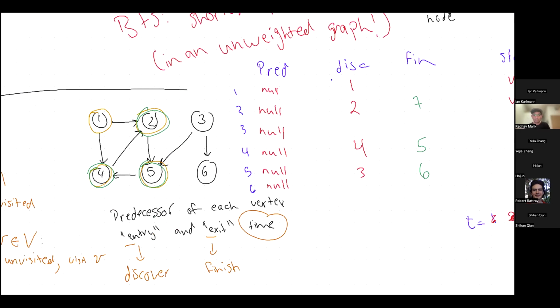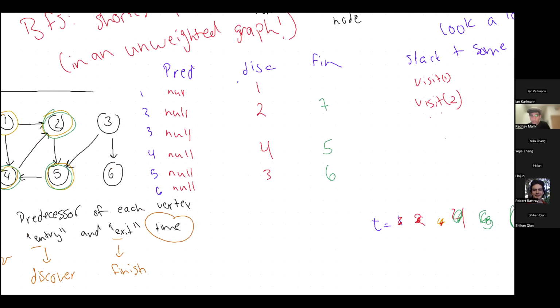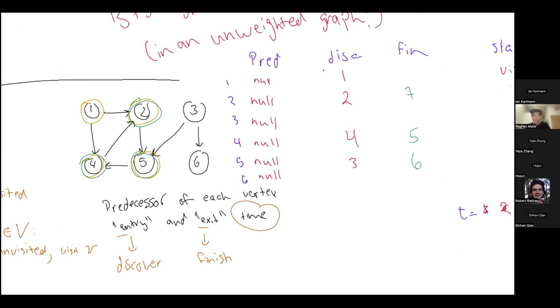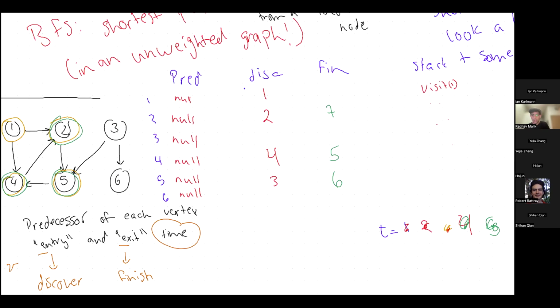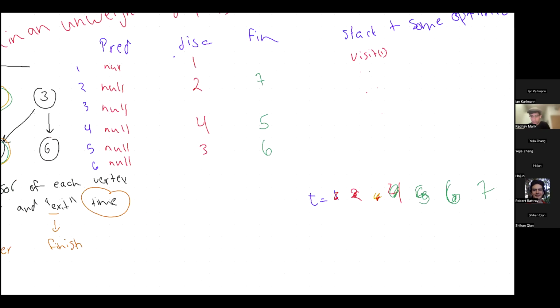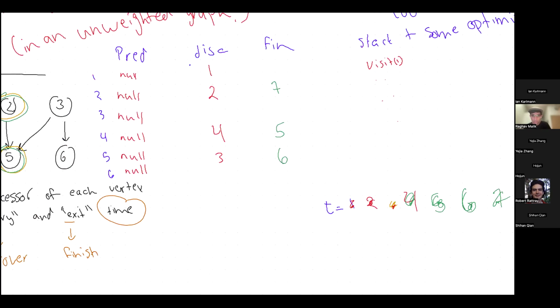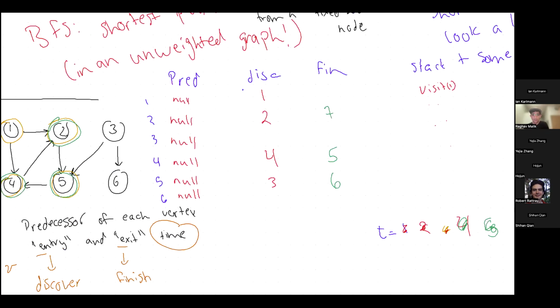Pop it off the stack. I look at 1. It has one more outgoing edge to 4, but 4 is not unvisited, so I skip it because I've already dealt with 4. And so I'm done with 1. I increment the time, write the finish time, and then pop it off the stack.